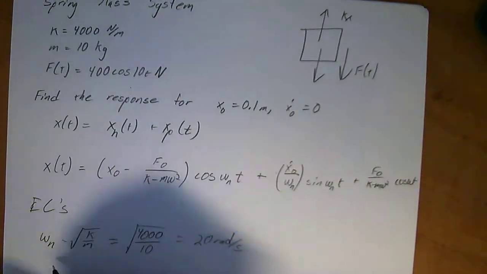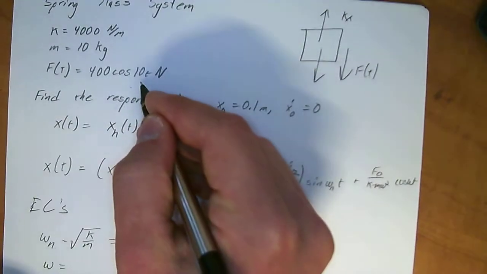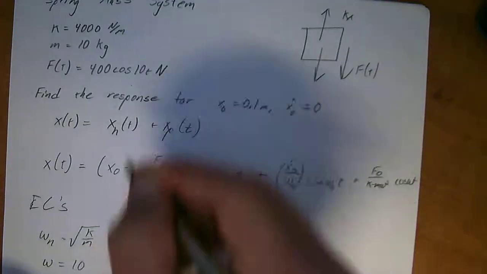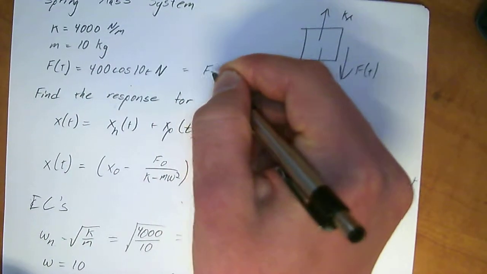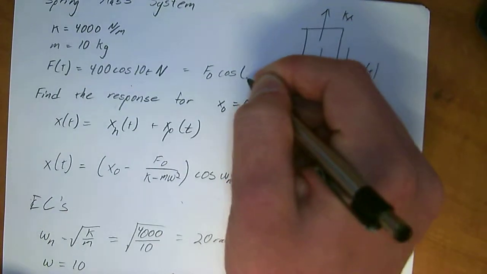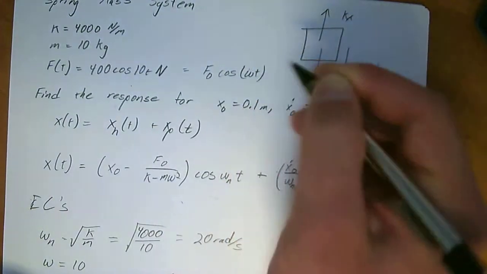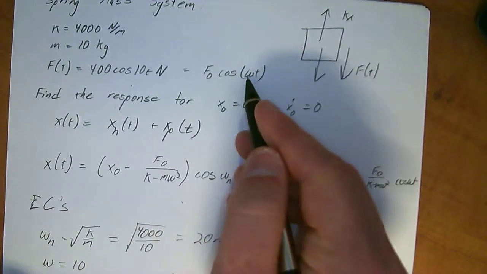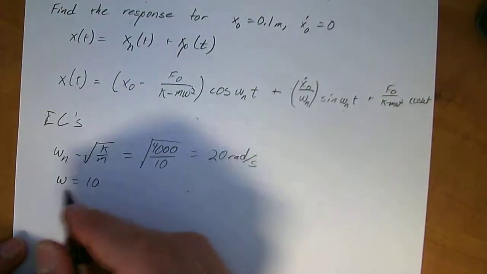So that's your omega n, and your omega is given. It is actually this 10 right here, because this forcing function is of the form F naught cosine or sine of omega t, so there's your omega, which is the 10t. Okay, so now we have omega and omega n.